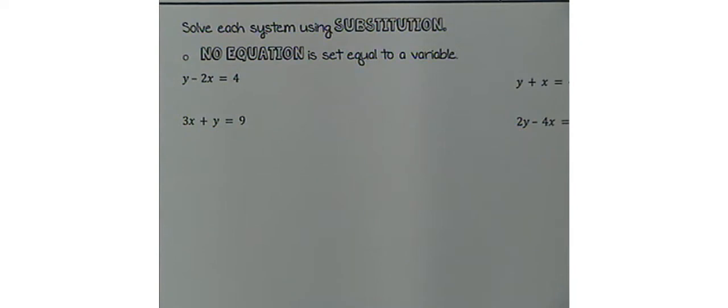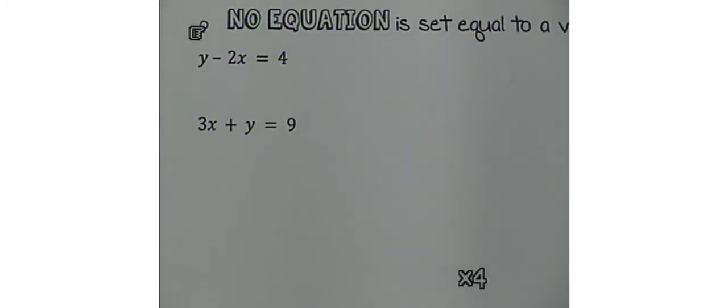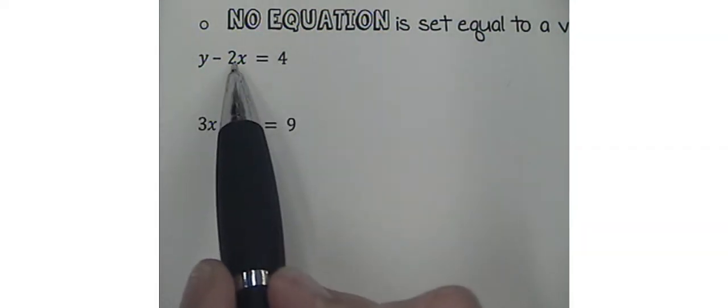Okay, so if I'm looking, I don't have y equals by itself and I don't have x equals by itself like the previous examples. So what I need to look for is a variable that does not have a coefficient out in front of it. This is a -2 in front of the x and this is a 3 in front of the x.